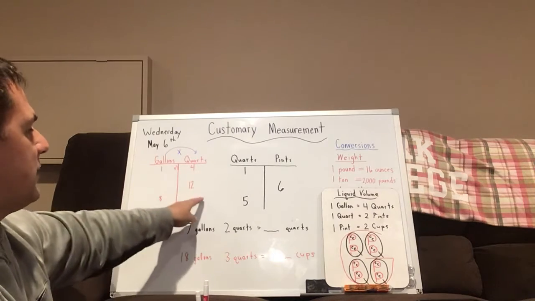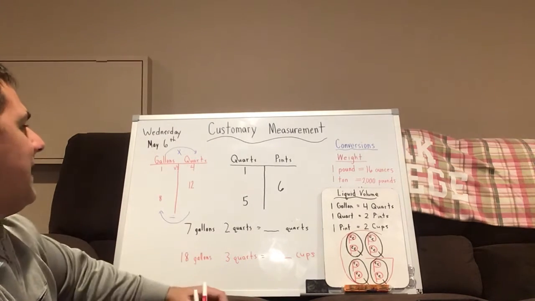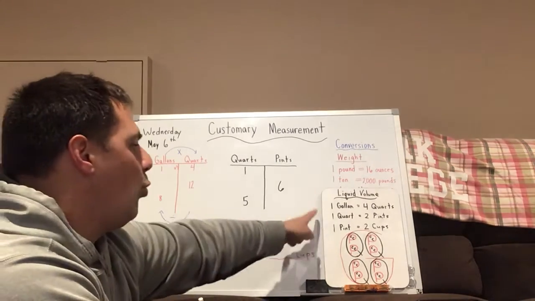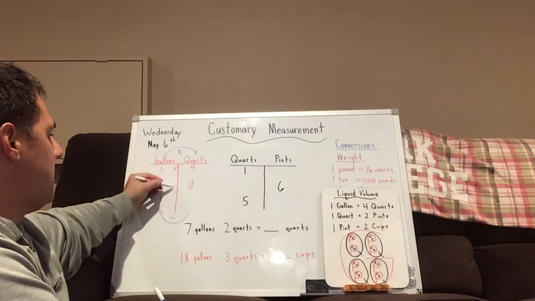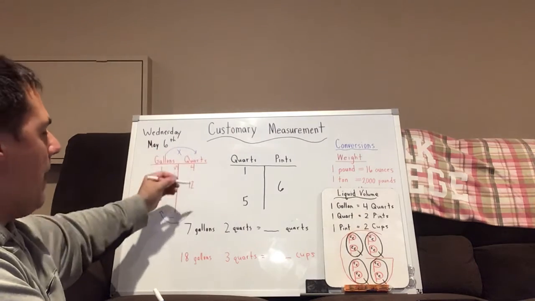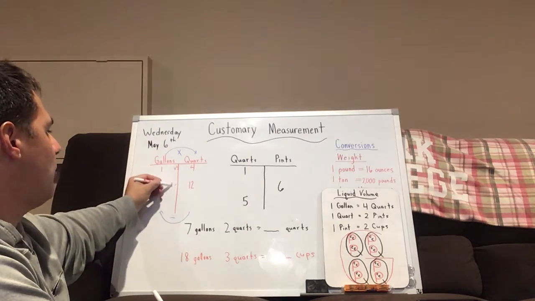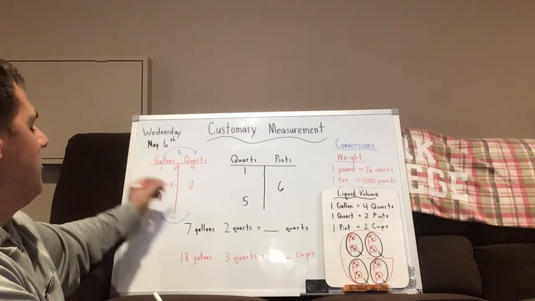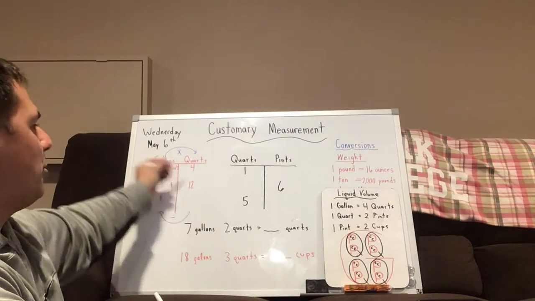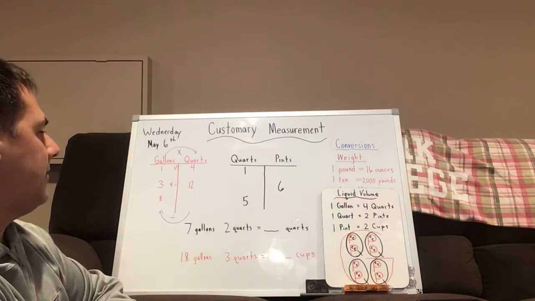So because I'm going from a small to a big, I'm actually going to have to divide. And if I remember that 1 gallon is equal to 4 quarts, my conversion for this would just be, instead of multiplying by 4, I would actually do divide by 4. And I know that 12 divided by 4 is 3. So if I have 12 quarts, I know that would be equivalent to 3 gallons.